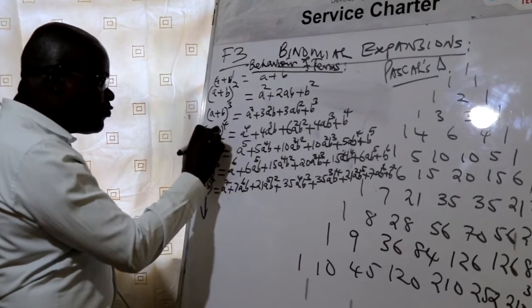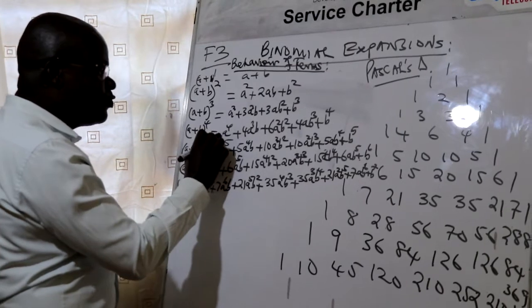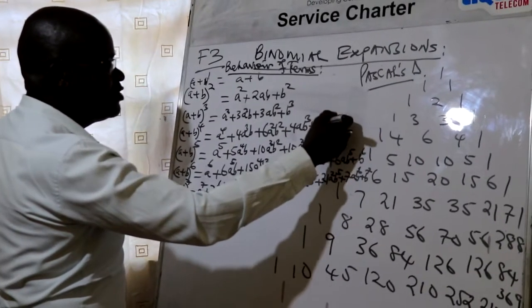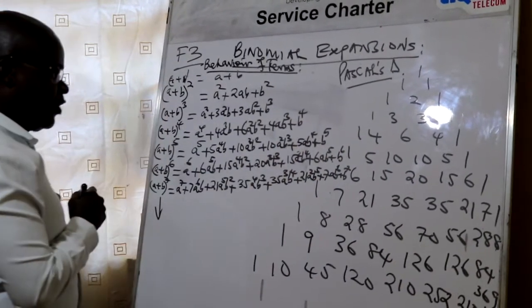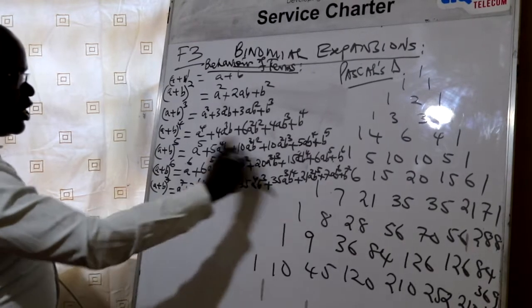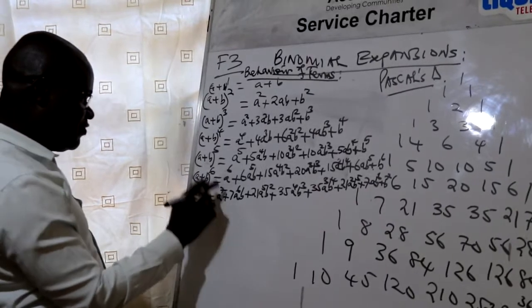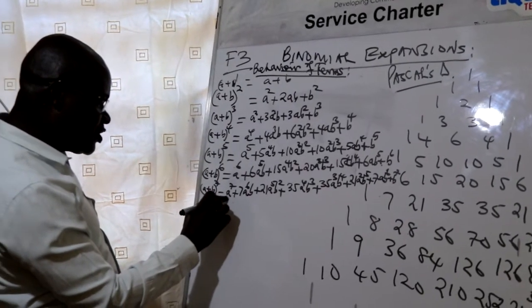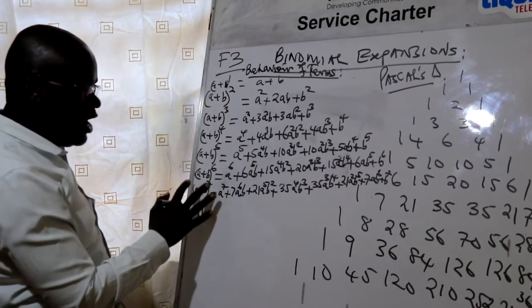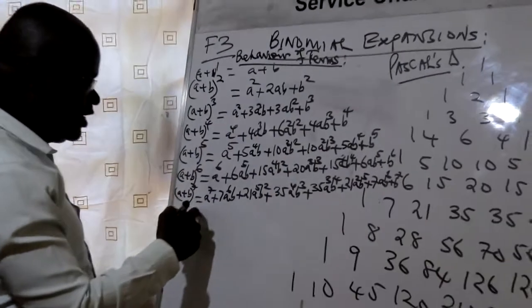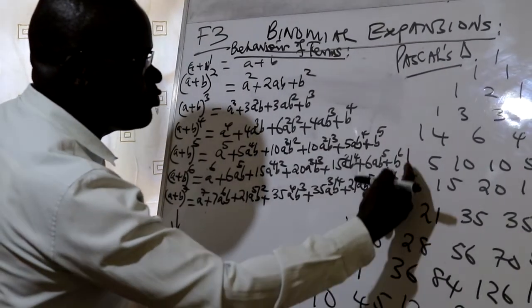When it is raised to 4, the first term is raised to 4, and the last term is B raised to 4. Even as we go down, A plus B raised to 7, the first term is raised to 7, and the coefficient 1, all these ones are coefficient 1, and then the last term is B raised to 7.